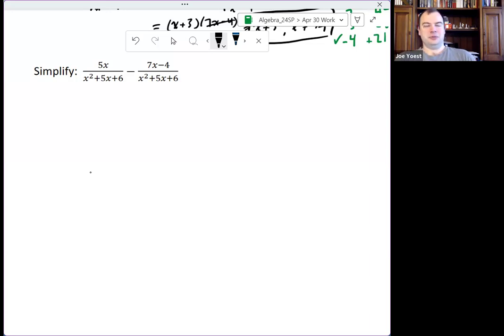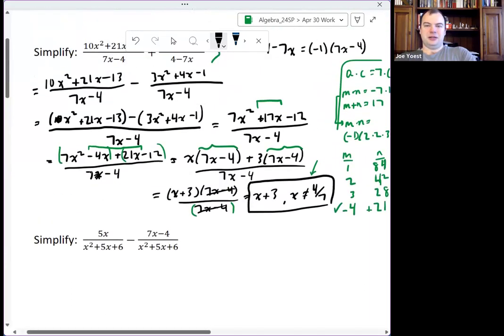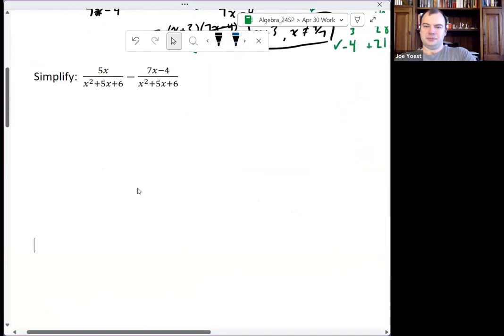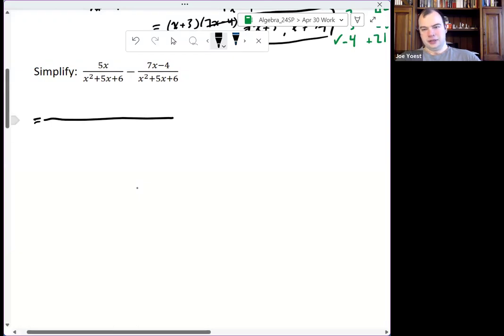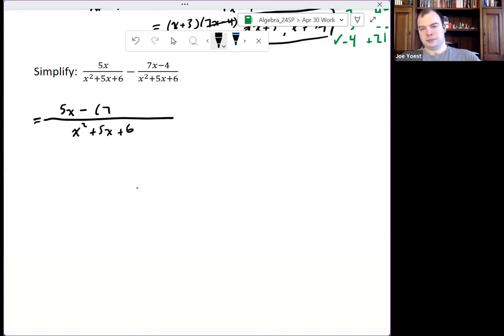So here we start off and we already have exactly the same denominator. We don't have to do any messing about like we had to do up here. We can right away just put everything over that common denominator. Again, I just want to be careful with that minus sign, that it does get distributed, but other than that, this should be pretty straightforward.